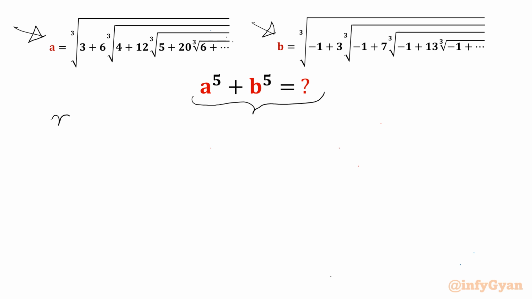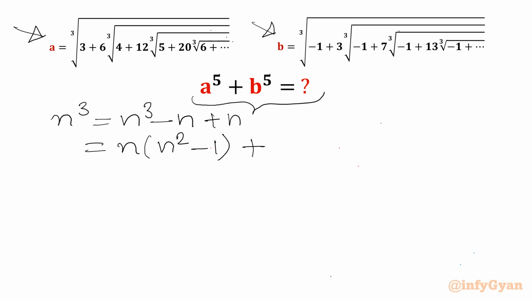So I can write n cube as n cube minus n plus n. Now from the first two terms I can take n common, so n square minus 1, plus n. Now I can use the difference of two squares identity, so n minus 1 times n plus 1, and plus n as it is.